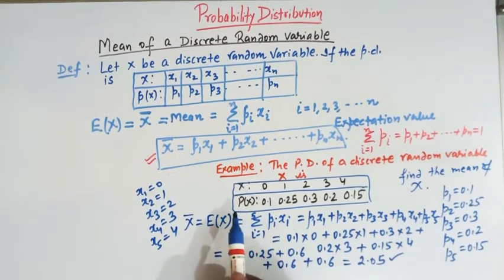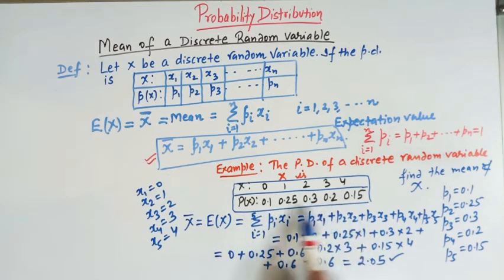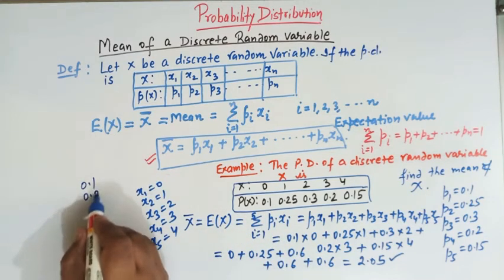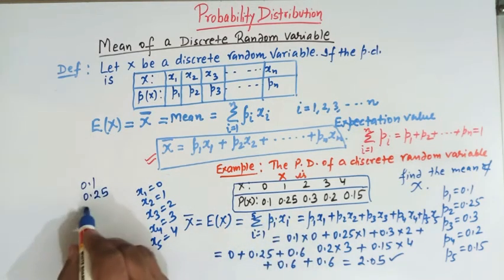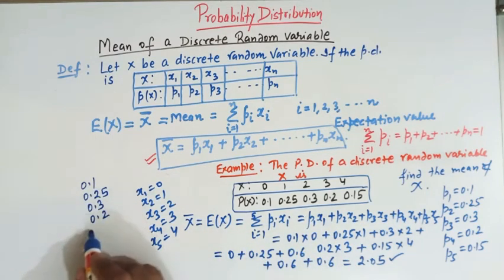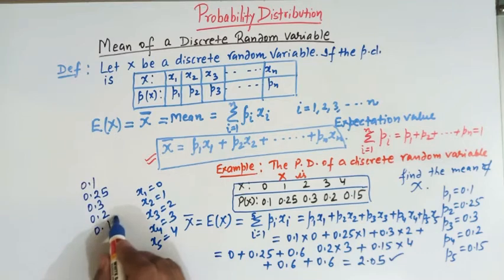Now here we should keep one thing in mind, that the sum of all the probabilities, that is 0.1 plus 0.25, 0.3, then we have 0.2, and then we have 0.15.